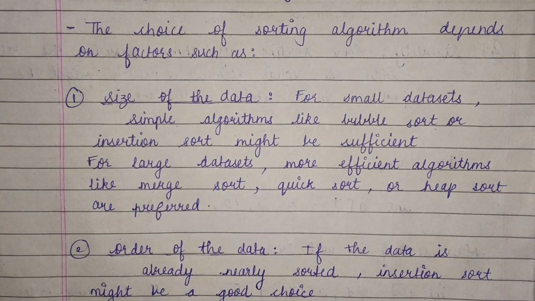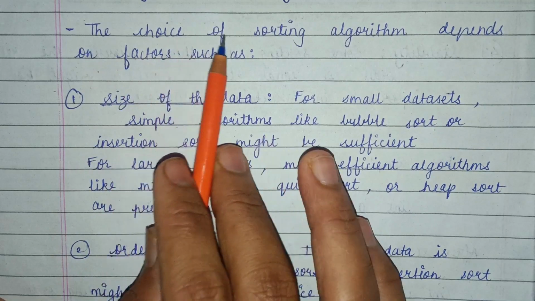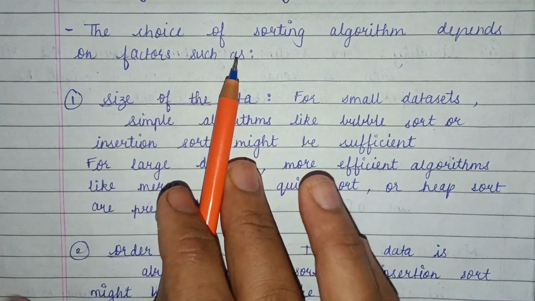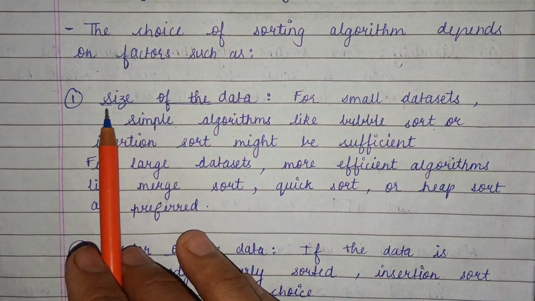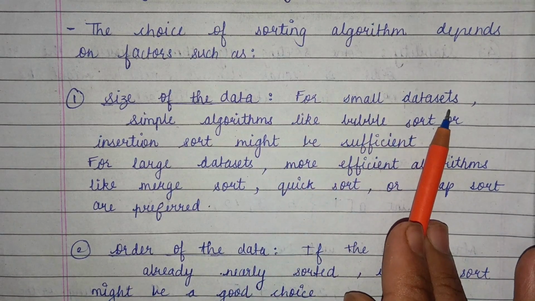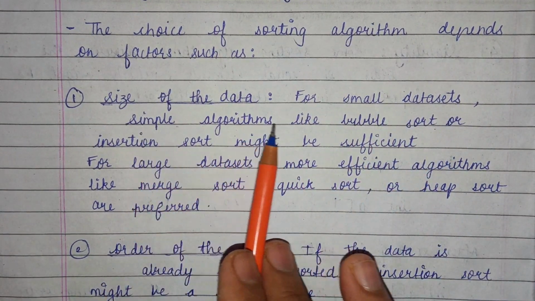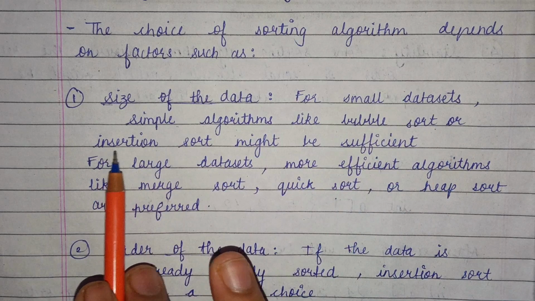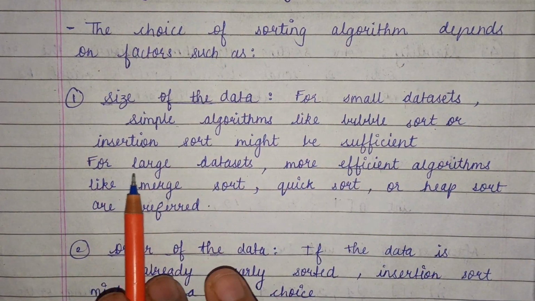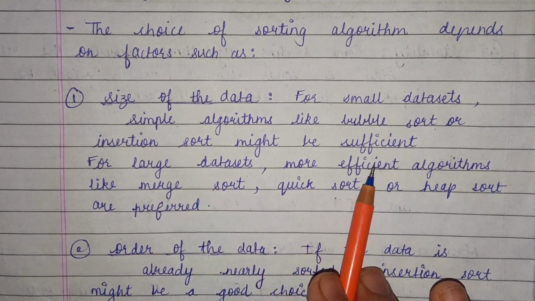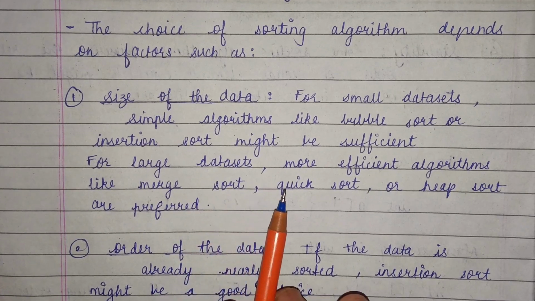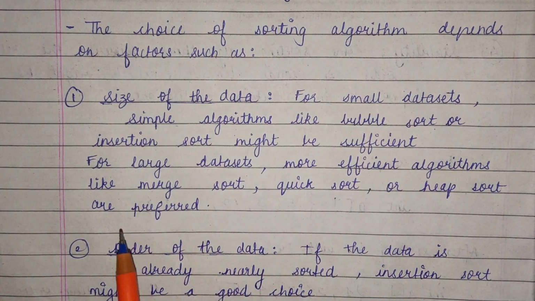Okay, so the next point is that the choice of sorting algorithm depends on factors such as, first, the size of the data. For small data sets, simple algorithms like bubble sort or insertion sort might be sufficient, and for large data sets, more efficient algorithms like merge sort, quick sort or heap sort are preferred.